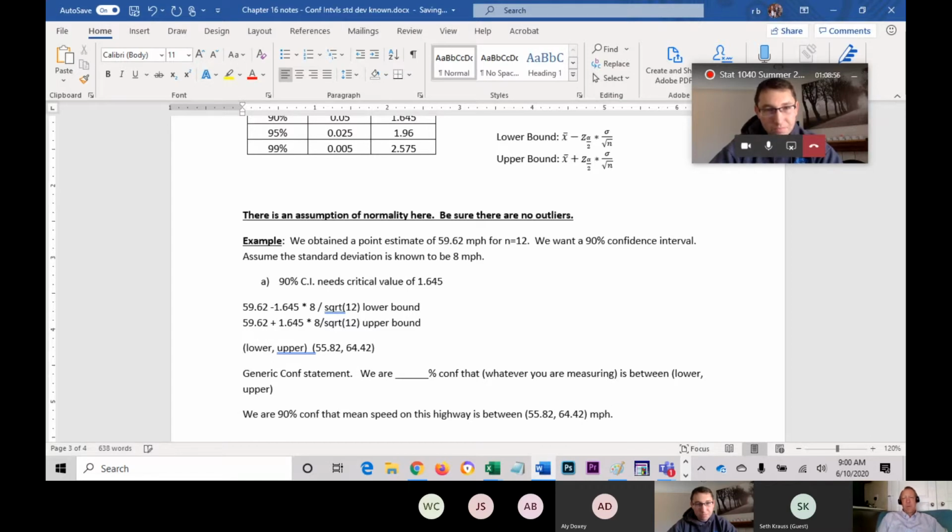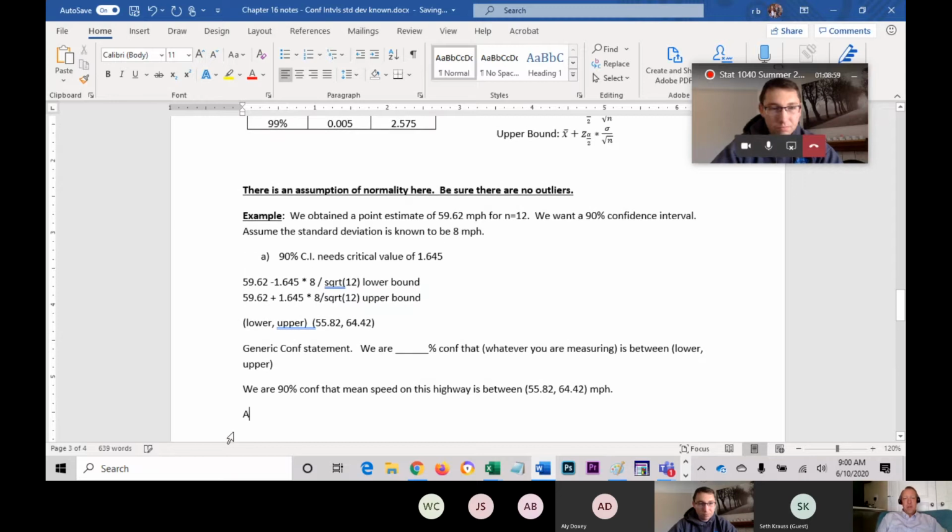Okay. Well done. So, assuming the speed limit is 45 miles per hour, is there evidence people are speeding?